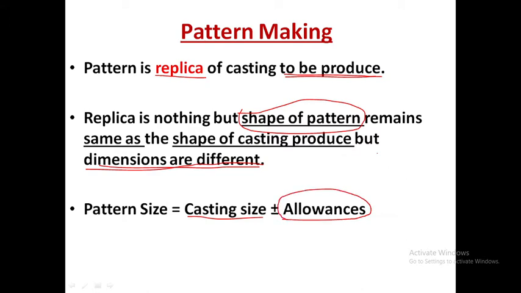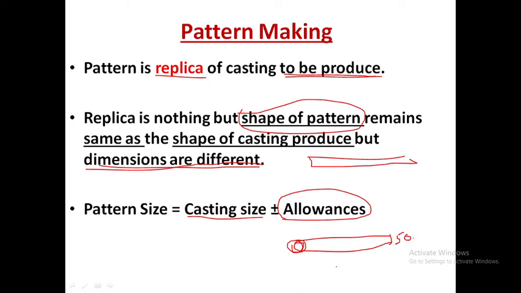That means, let us take the example of a shaft. Let me draw. Not going to the shape, just for understanding the concept. Let us see this circular object which is to be produced, and it has a dimension of 50 mm.